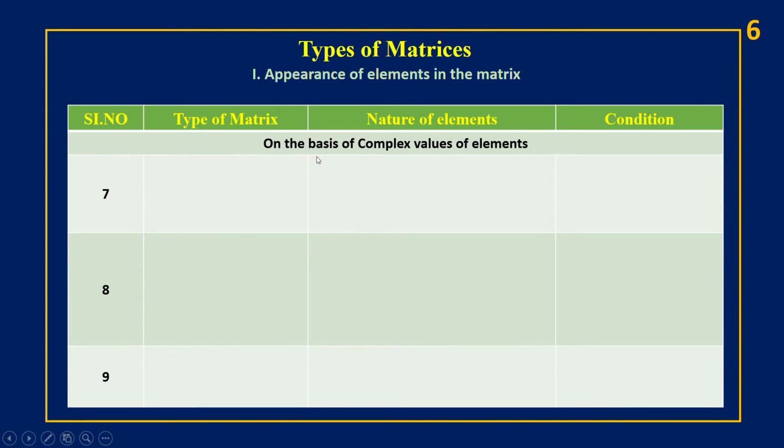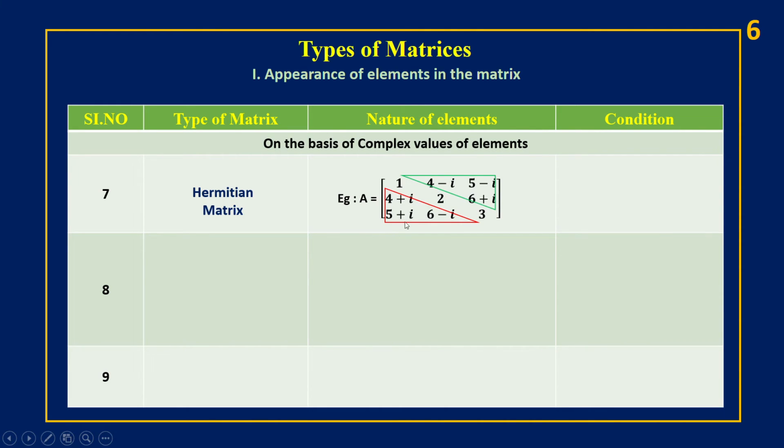Previously we have seen classification on the basis of numerical values, and this one is on the basis of complex values of elements: Hermitian matrix. A Hermitian matrix is a matrix in which here also we have to consider the diagonal elements, upper triangle and lower triangle.